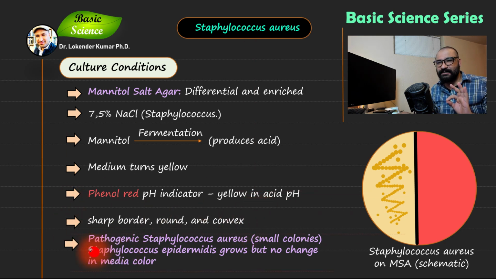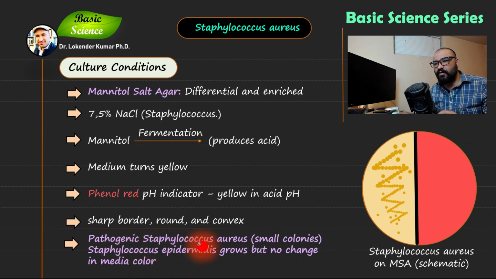In this case, the colonies will have a sharp border, they will be round, and they will also produce convex shaped colonies, and you can differentiate between pathogenic and non-pathogenic on mannitol salt agar based on the change in the media color, right?